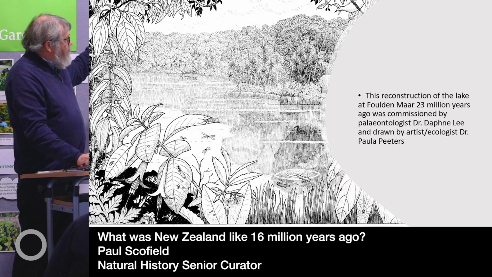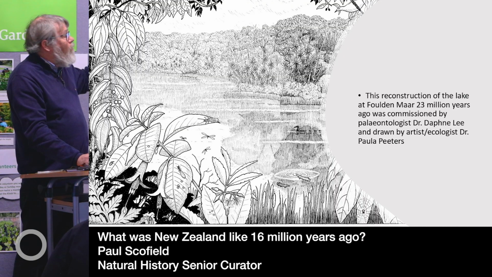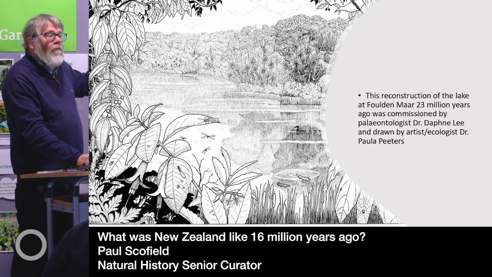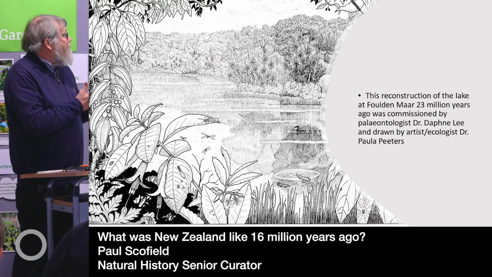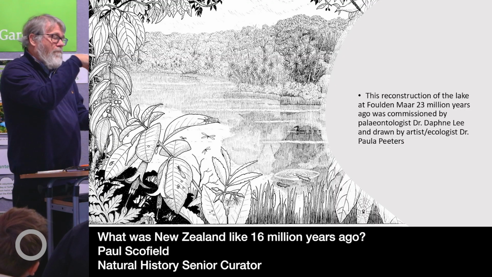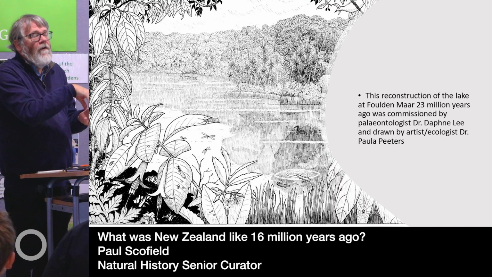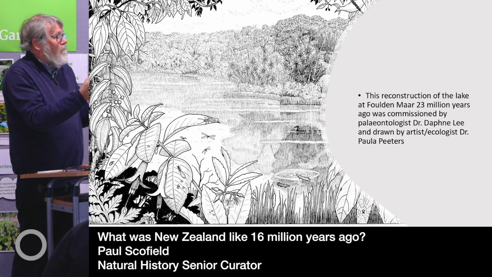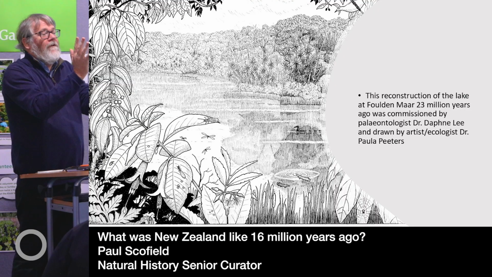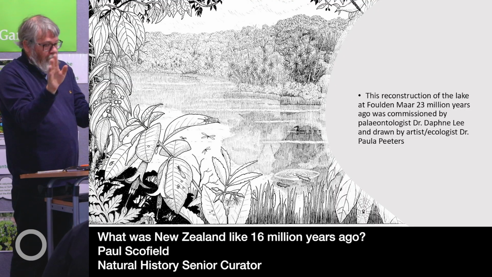The one controversial thing about all three sites is exactly how old they are. For the Folding Maar, we have a pretty good idea that it started filling immediately after the volcano erupted and became dormant, because it basically blew a hole in the landscape, and then water filled and made a lake.